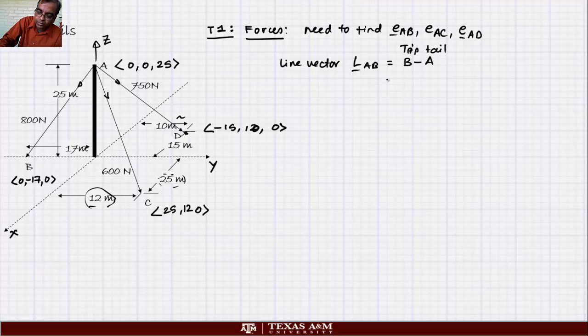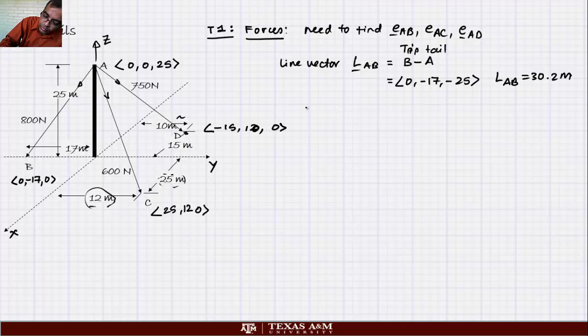So LAB turns out to be 0, minus 17, minus 25, and its magnitude, the scalar LAB, is 30.2 meters. I'm going to keep 3 significant figures throughout because that's all I'm going to need.